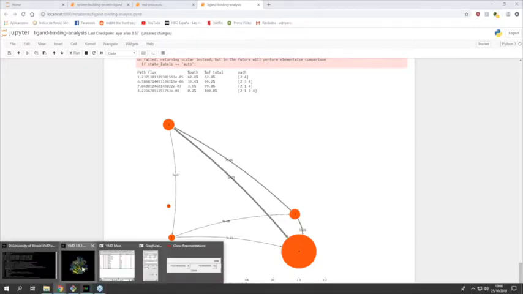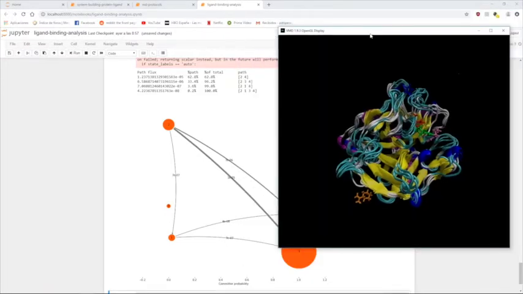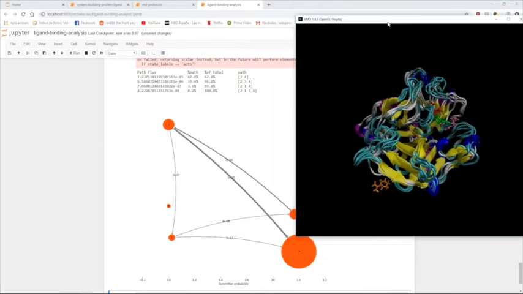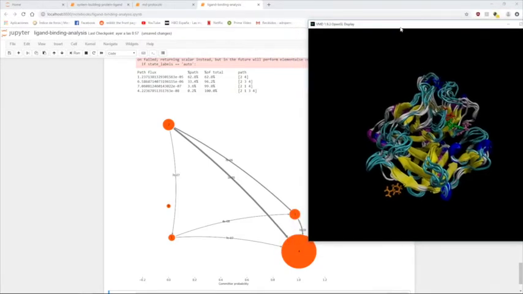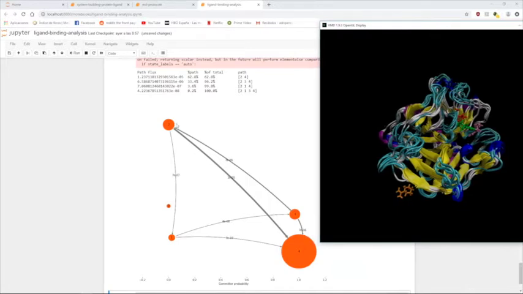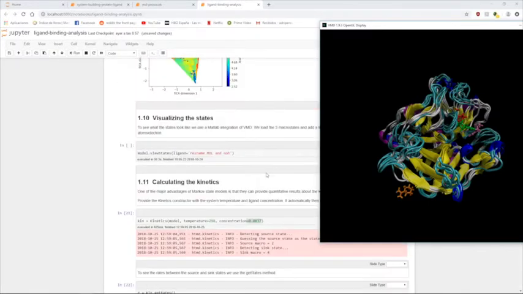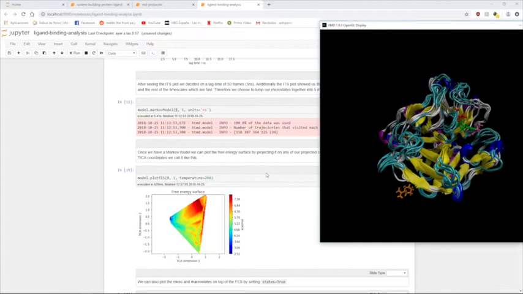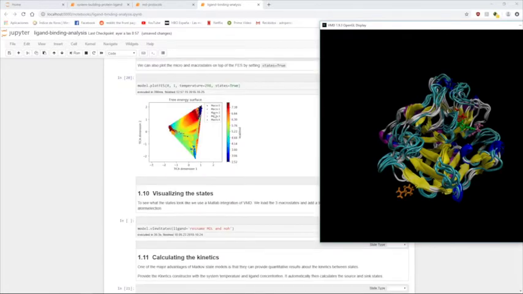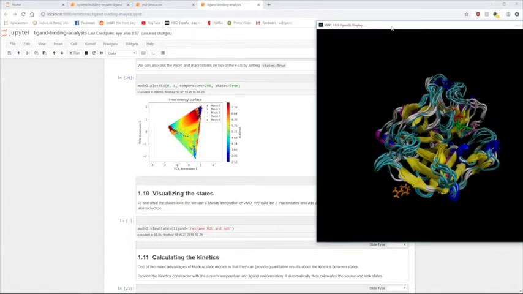So now that we have this pathway here, I think you can see the... Okay, so we have the pathway here. Our source state is macro state 2, which is the least stable state, which is probably the bulk state.